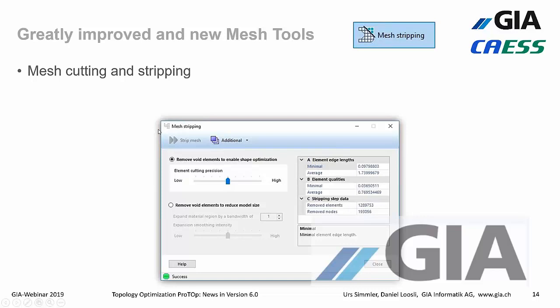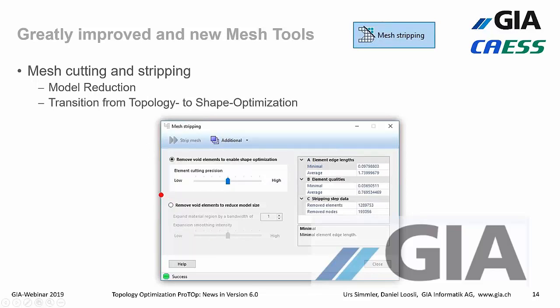With this new meshing capability, you can cut away the elements you don't need anymore. So the elements which were cut by topology optimization can be taken away to reduce the size of the model. That means on a normal machine, a normal laptop, it's easy to perform very, very big models with these options. And on the other side, you can say, okay, I just want to use the cut surfaces for nicer shape optimization.